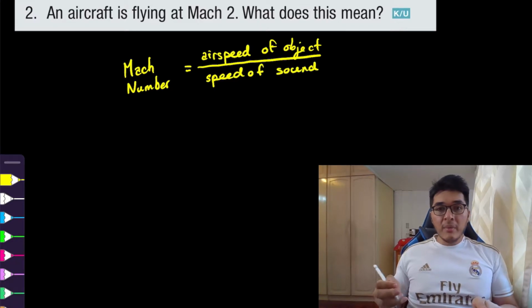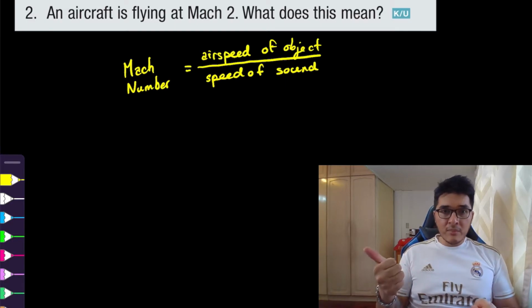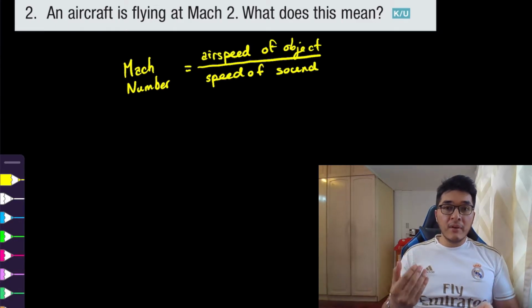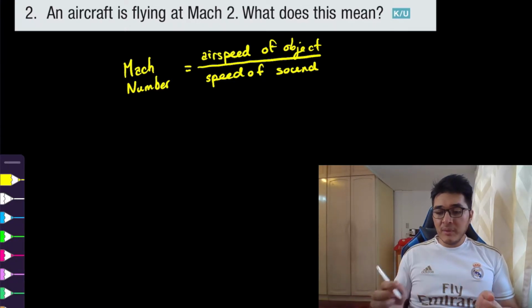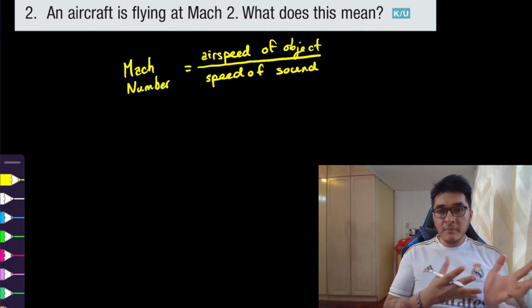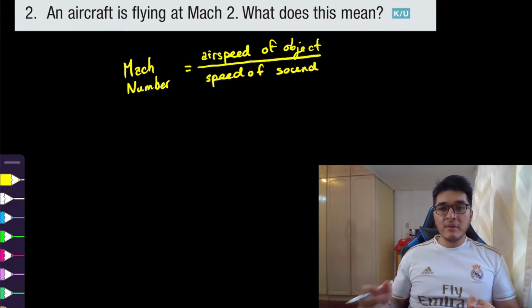So really, Mach number looks at a ratio of how quickly an object is moving in that particular area, because the speed of sound, as we saw, varies by temperature and the number of particles. There's a lot of factors that go into actually measuring the speed of sound, but in this course we're just taking the temperature measurements at least into consideration. So we can say that depending on how quickly an object is flying, we can measure the Mach speed number based on the local speed of sound.